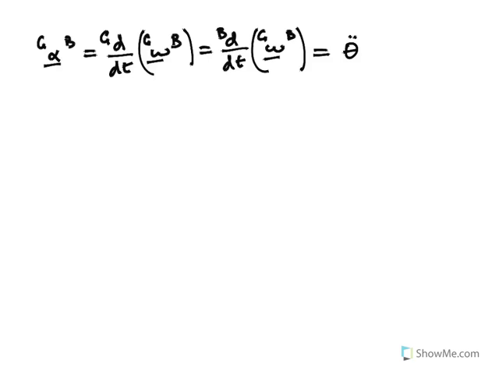So this gives me theta double dot plus phi double dot times uz. So then we get the following result.